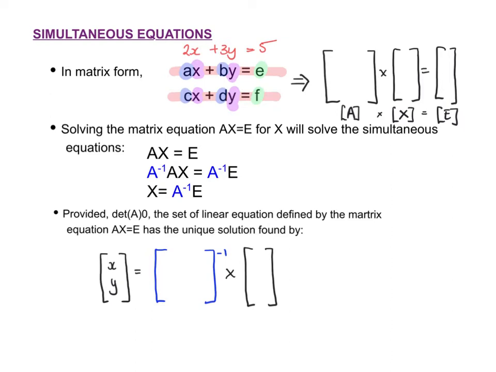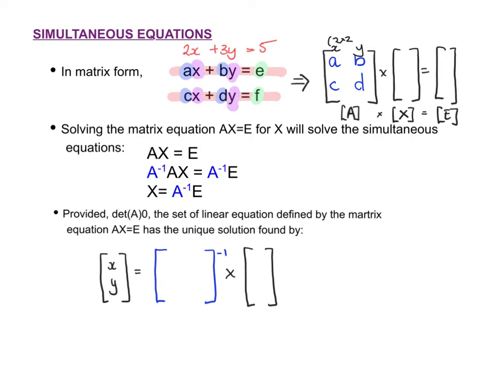When you go to set up the matrices of simultaneous equations, the first matrix up here will be a 2 by 2, and in that will go the numbers in front of the x and the y. So A will go there, B will go there, C will go there, and D. Going down, this would be the number in front of the x, and that will be the number in front of the y.